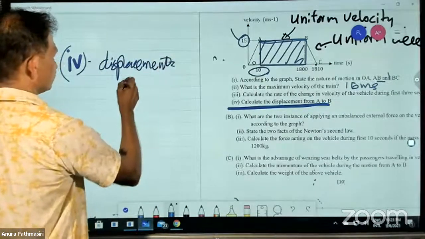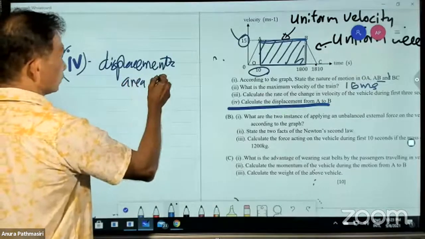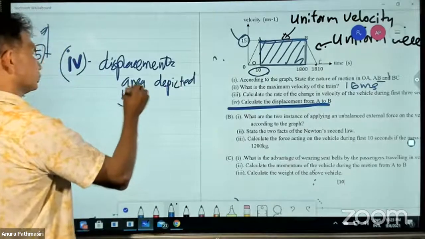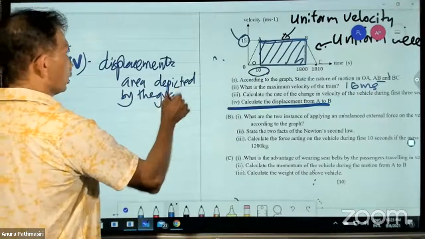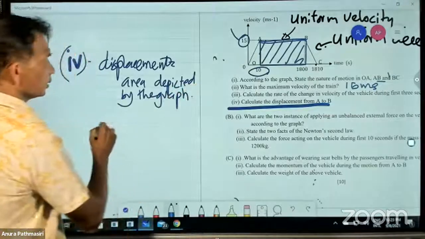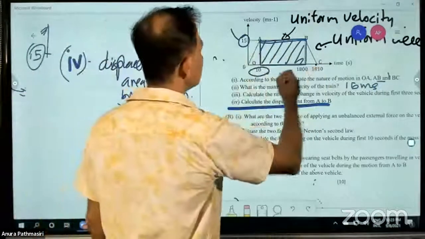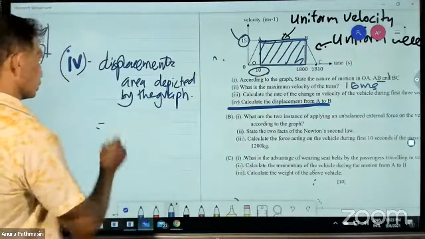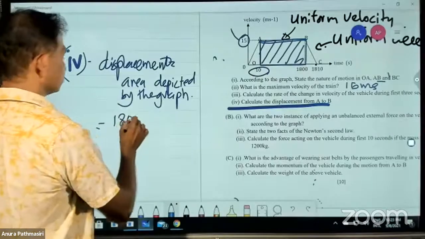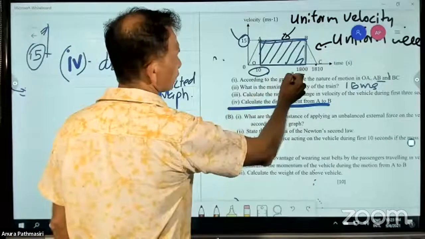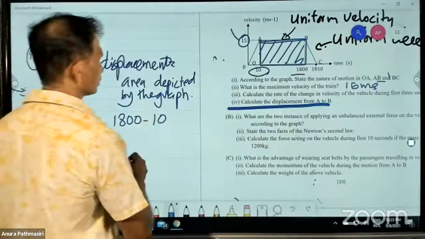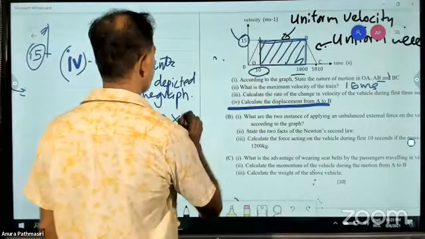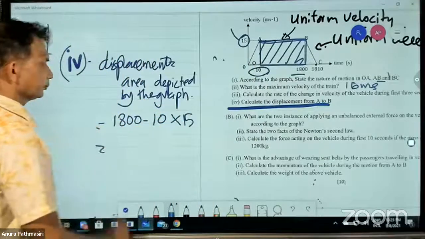Displacement equals the area depicted by the graph. So you can see the graph is 1800 minus 10, right, multiplied by 15. Am I correct?